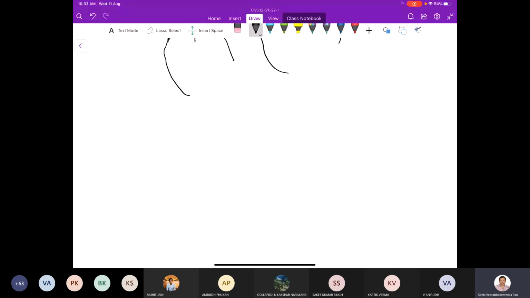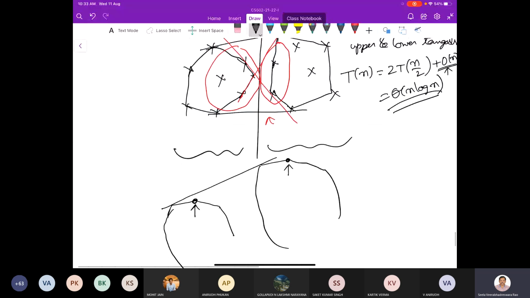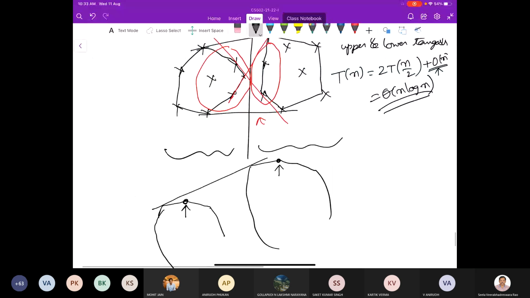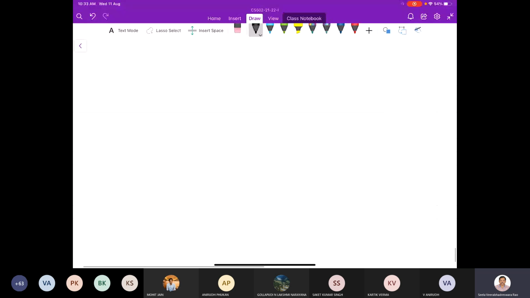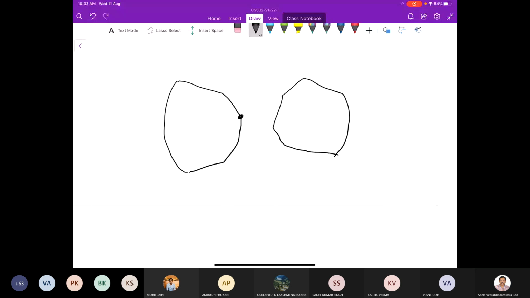But we have to be careful here. One way of doing it is to take this example itself. Maybe we redraw it once again. So this is the left part of the convex hull, and this is the rightmost point. And similarly, you have the leftmost point on the right convex hull.